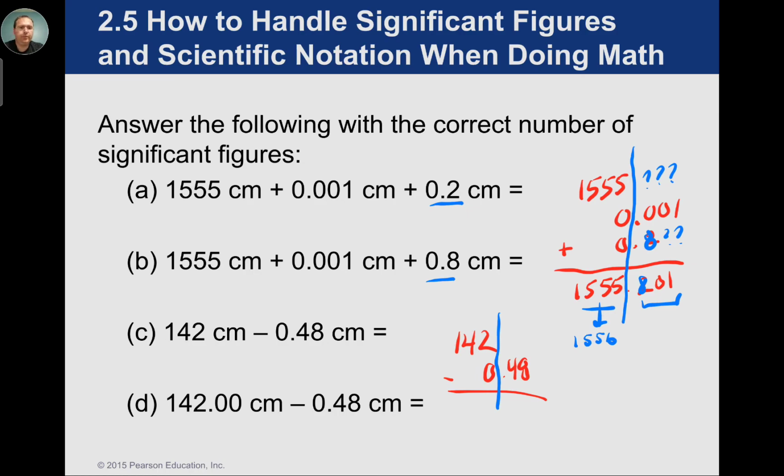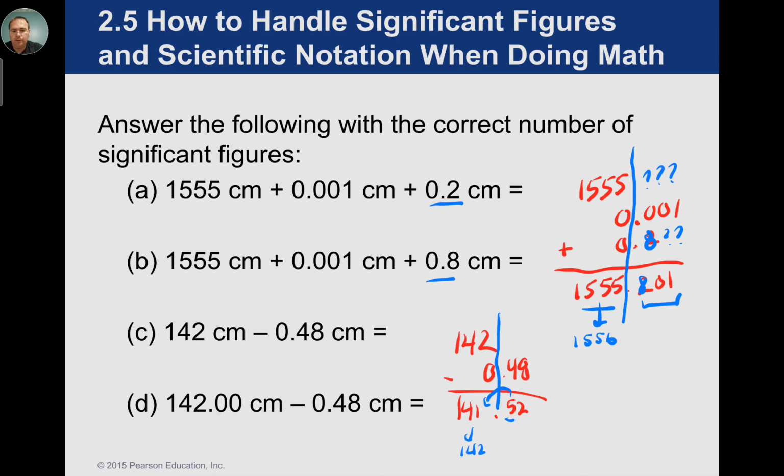So in this situation, when we get our answer of 141.52, what's really going to happen is this 5 is going to round back up. And if this 5 rounds back up, the answer is still 142.